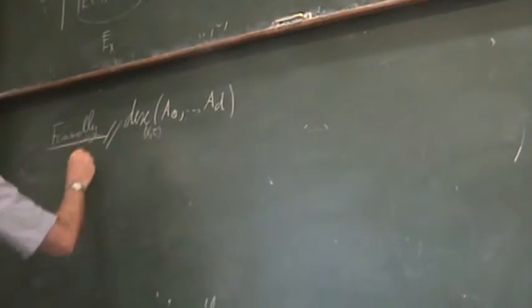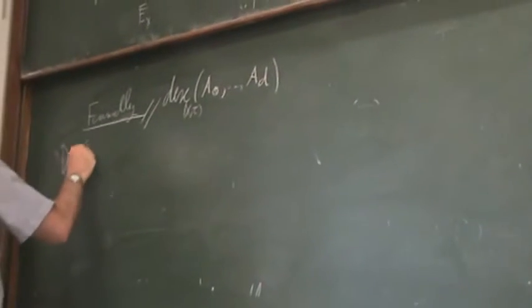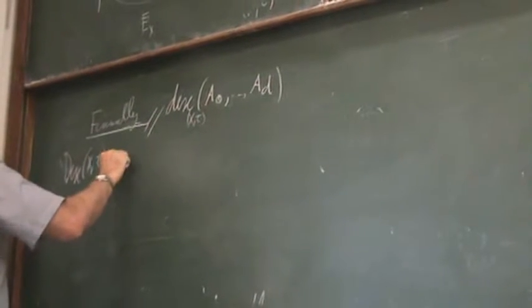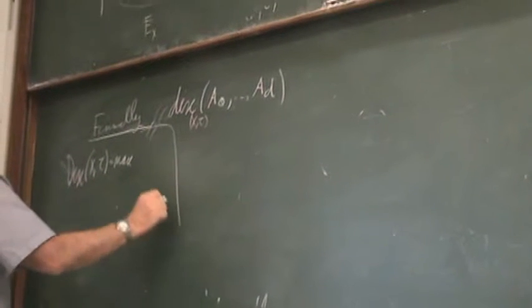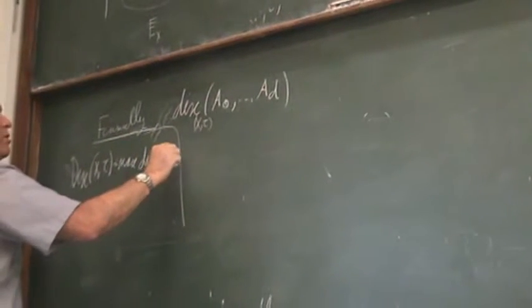Right? Okay, well, we start with the discrepancy with capital D of X star. This is equal to the maximum on things like that, on the discrepancy of A0 up to AD. So we have to bound this kind of thing.